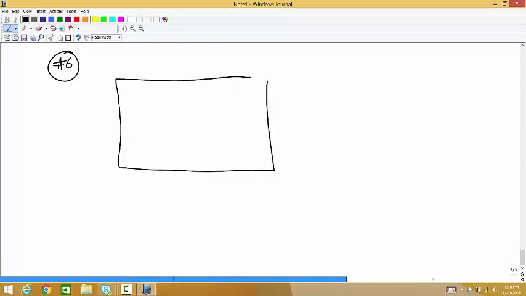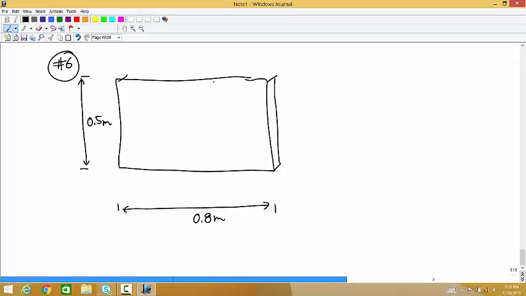So you have a big thing that has this length of 0.8 meters, this length of 0.5 meters, and then into the page there's a thickness of 0.05, is that what it was?